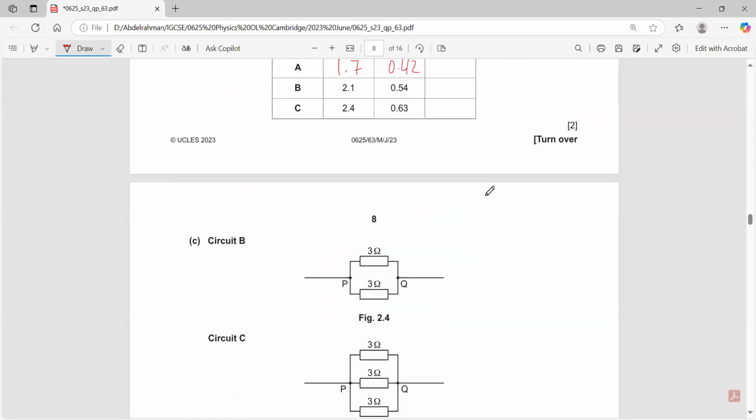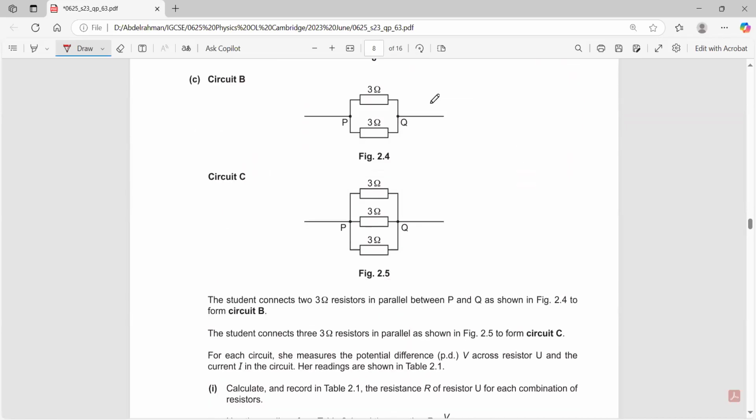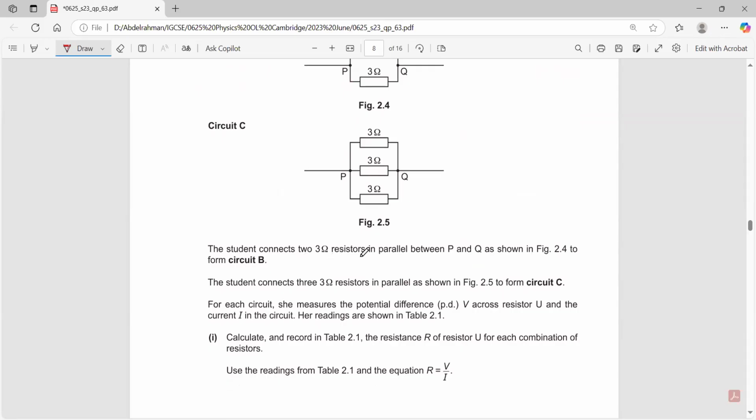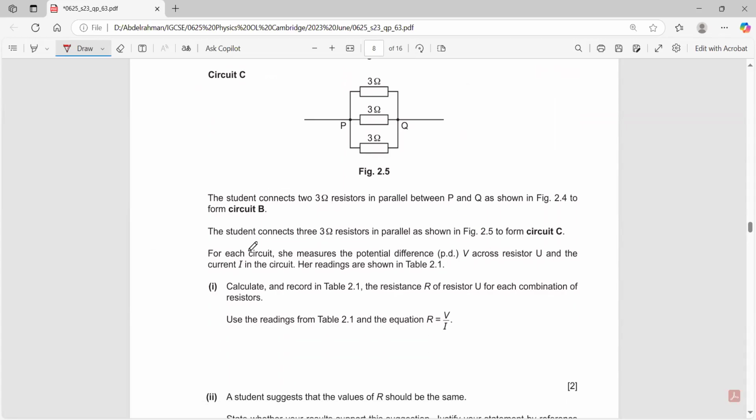Okay. Circuit B, you have two resistors in parallel. Circuit C, you have three of them in parallel. She connects two 3 ohm resistors, and then she repeats the experiment with three of these 3 ohm resistors. For each circuit, she measures the potential difference in U as seen in the table.